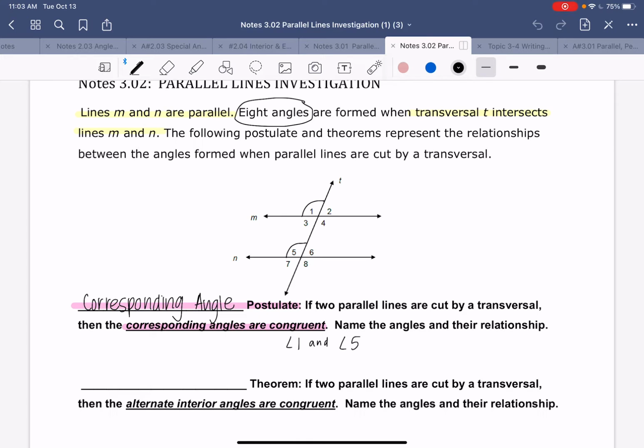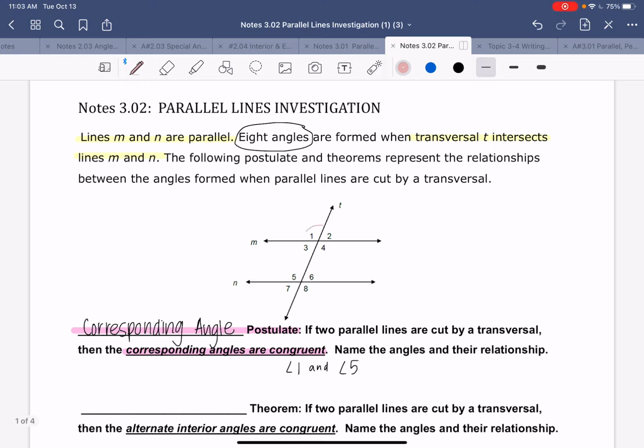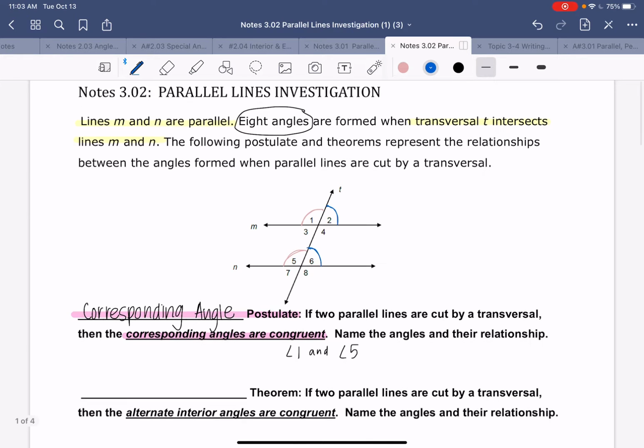Actually, I'm going to go back and do some color. Angle 1 will be in pink, and angle 5 is congruent to it. And then angle 2 and angle 6 are corresponding.